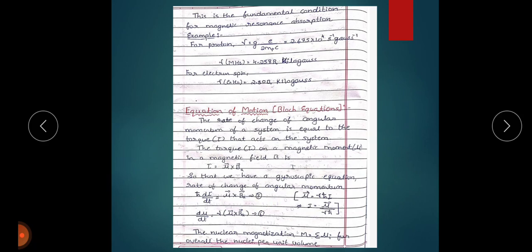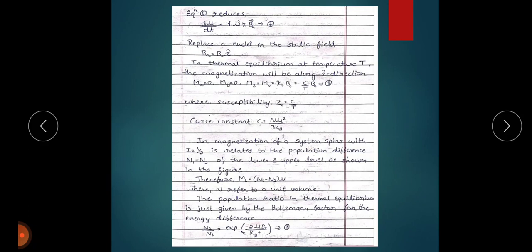Next, the nuclear magnetization is the summation of the nuclear magnetic moment values, that is, the summation of mu I over all the nuclei per unit volume.